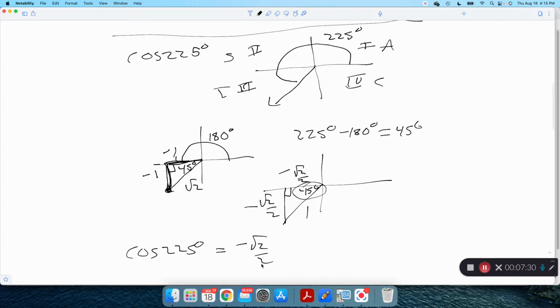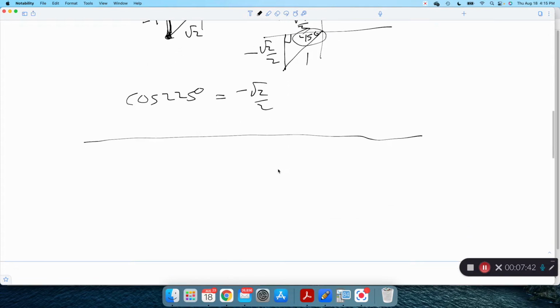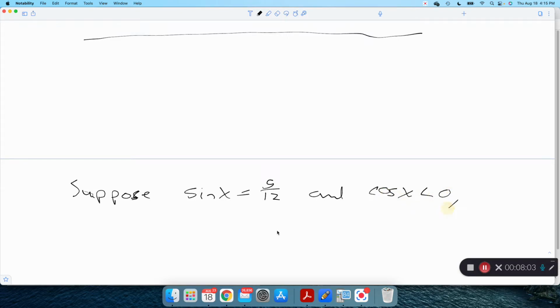Okay, so those were unit circle questions. Any of those, we could have just drawn the unit circle and gone. What if we have something that's not on the unit circle? What if, for example, I'm told, suppose sine of x is 5 over 12 and cosine of x is negative.